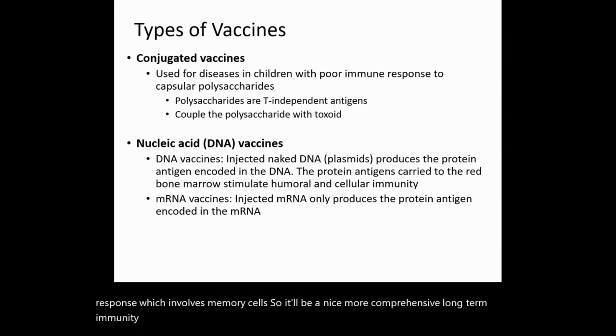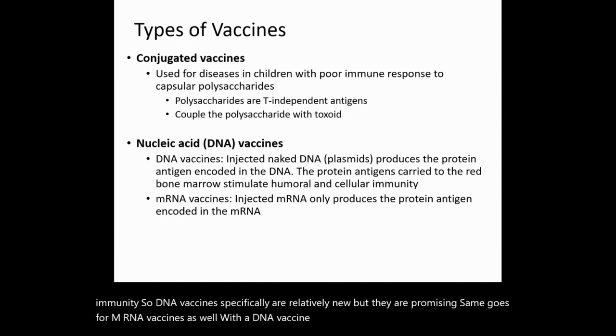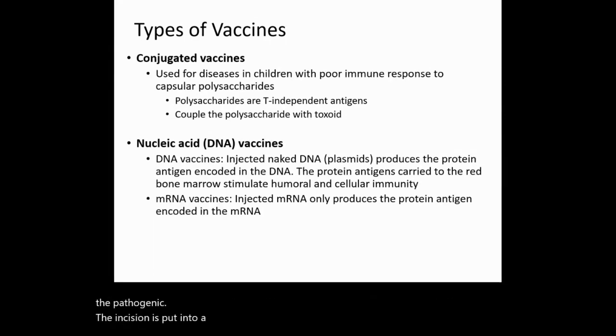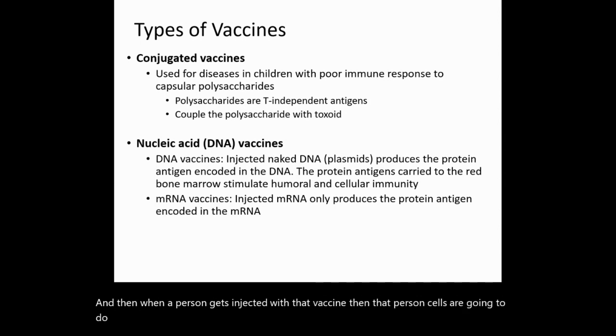DNA vaccines specifically are relatively new, but they are promising. Same goes for mRNA vaccines as well. With a DNA vaccine, the DNA that is specific for the pathogenic antigen is put into a plasmid. And then when a person gets injected with that vaccine, that person's cells are going to do transcription and translation.